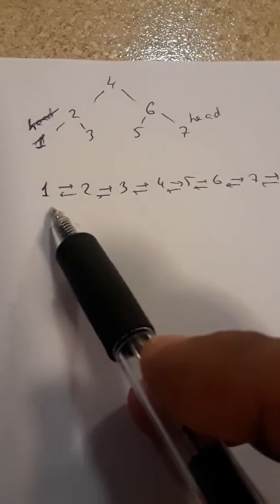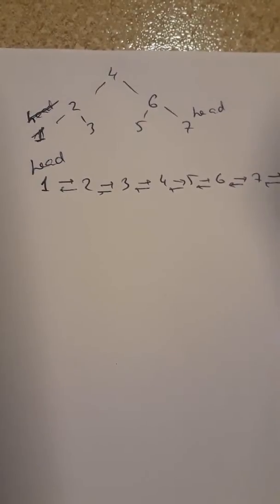But our goal is for the head to be at the first node, so at the end this given binary tree will have this output as a linked list. So our head should be at the beginning, starting with the value one.